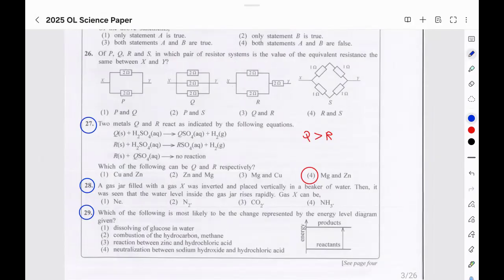Carbon dioxide. Hmm? So here the answer should be ammonia, not carbon dioxide here, ammonia.